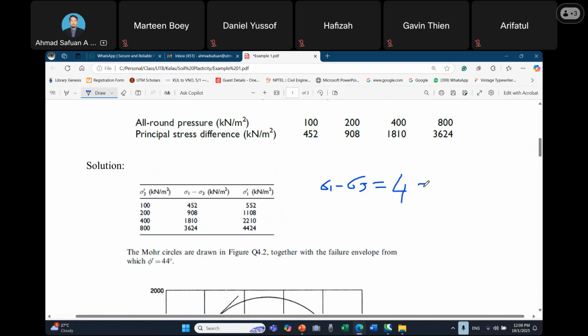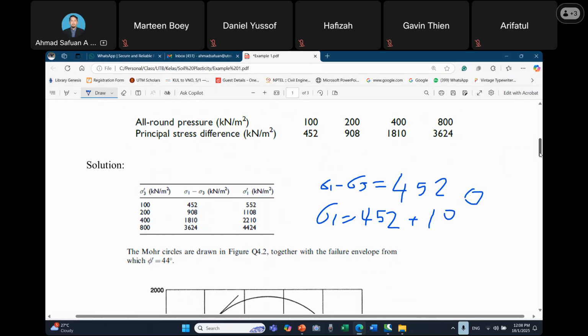So sigma 1 is equal to 452 plus 100, which is 552.